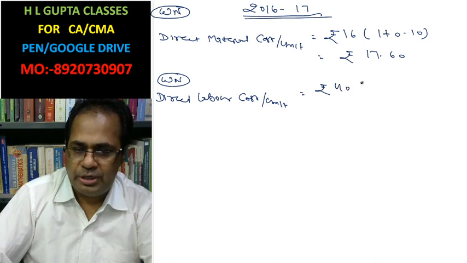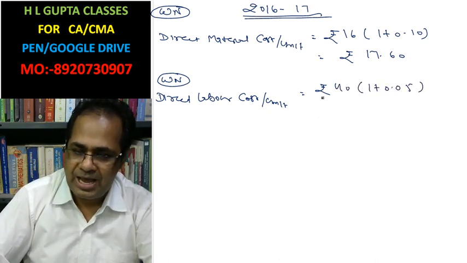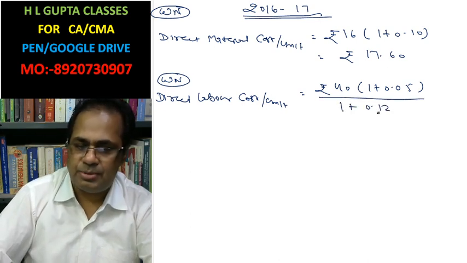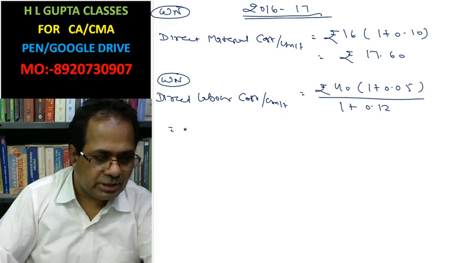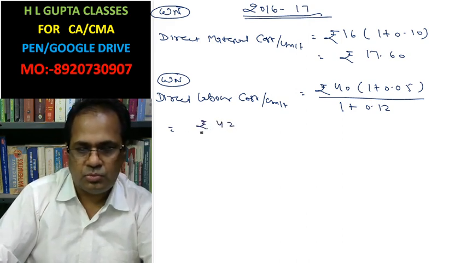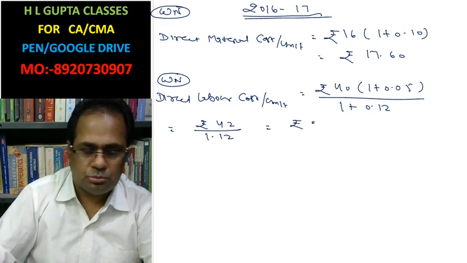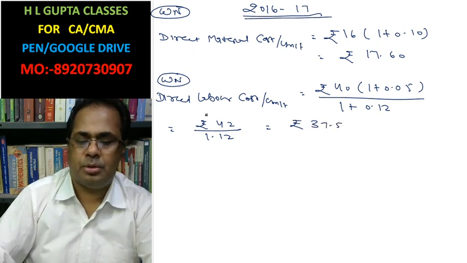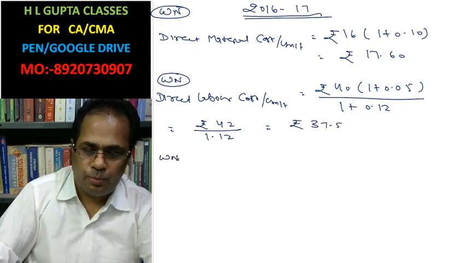So rupees 40 increased by 5% is rupees 42, divided by 1.12, which is rupees 37.5.